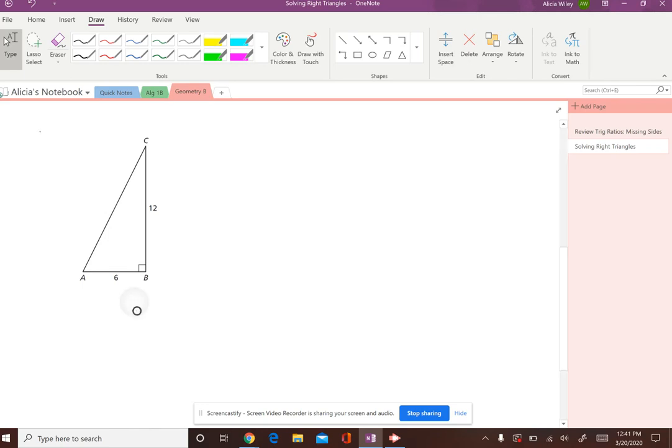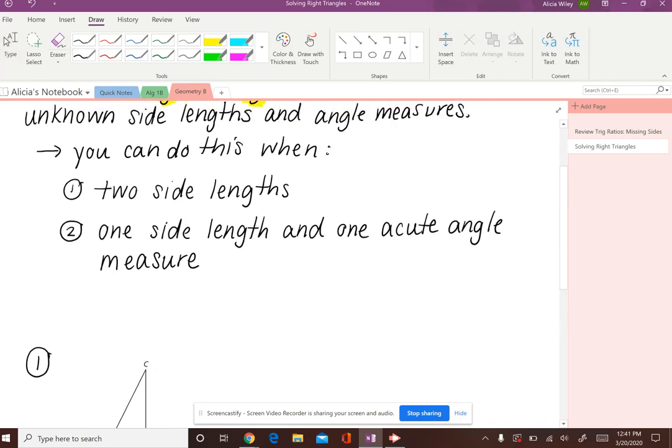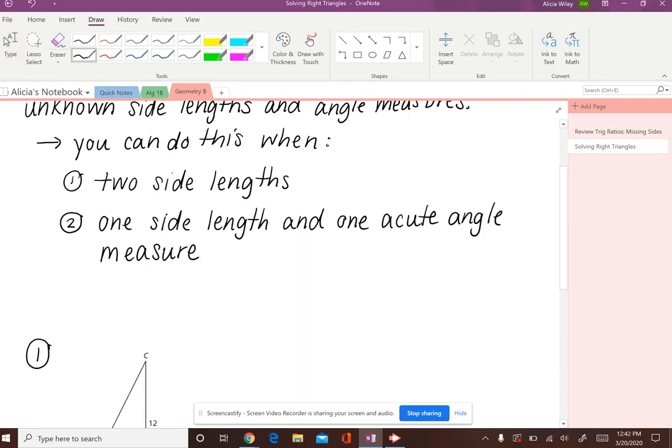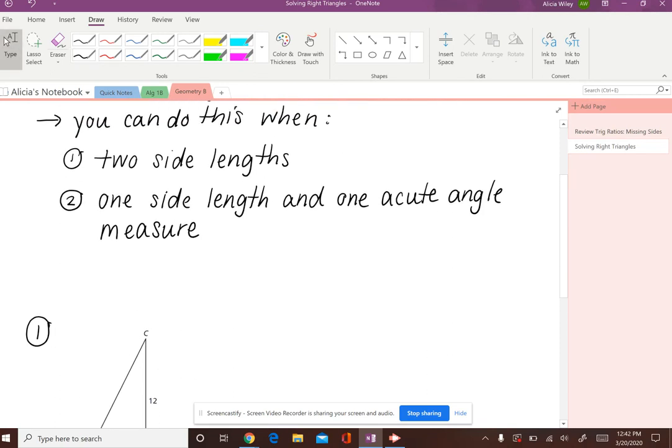So here's our first example. I will call this number one because it will connect with this number one up here. So for this, you want to make sure that you refer to example number one.